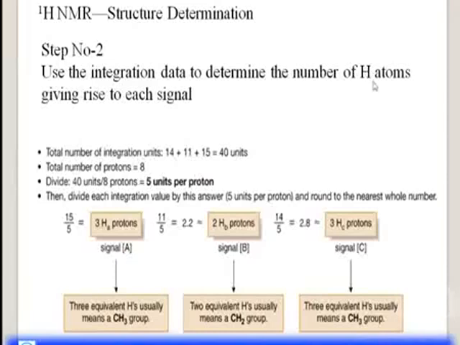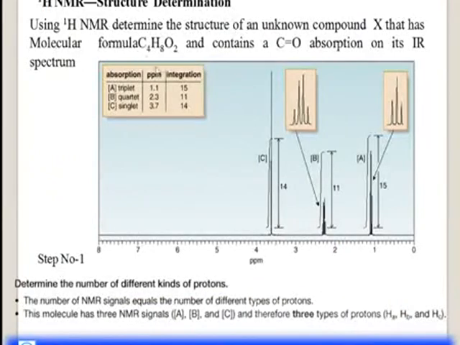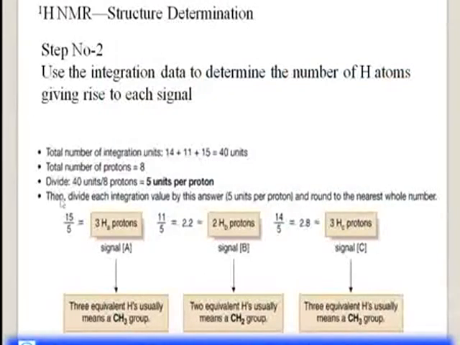Step number 2: use the integration data to determine the number of protons for each signal. The total number of integration units is 14 plus 11 plus 15, equal to 40 units. The total number of protons from the molecular formula is 8. So when we divide the total integrated units by the total number of protons in the molecule, we get 5 units per proton.